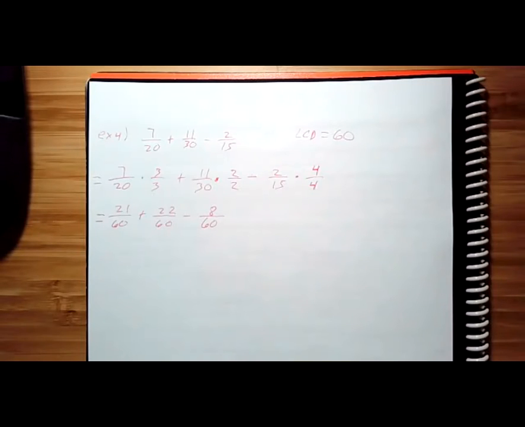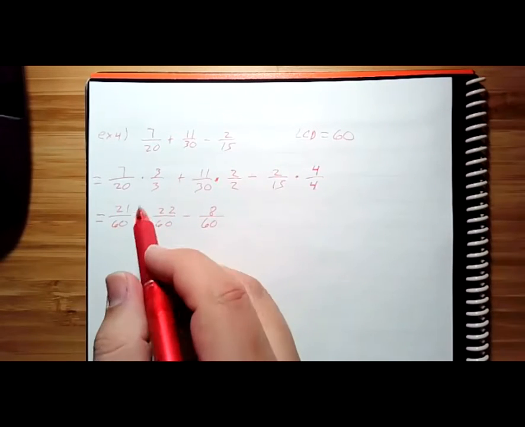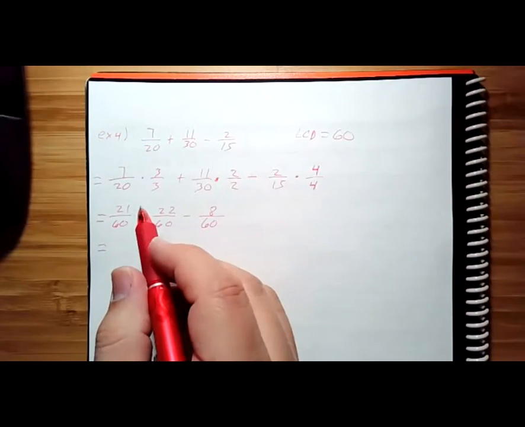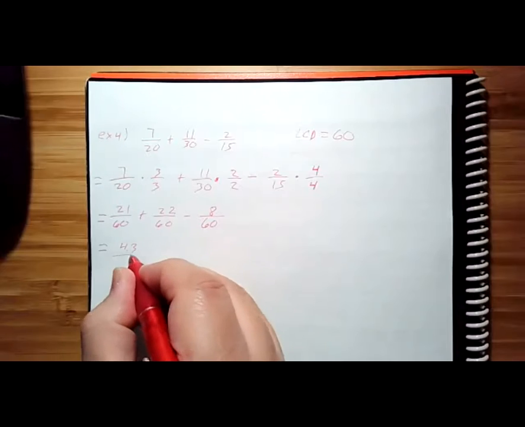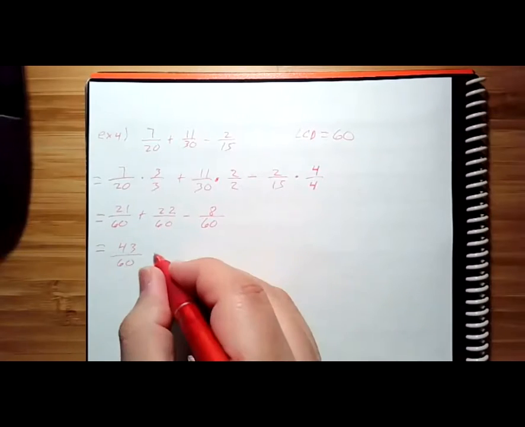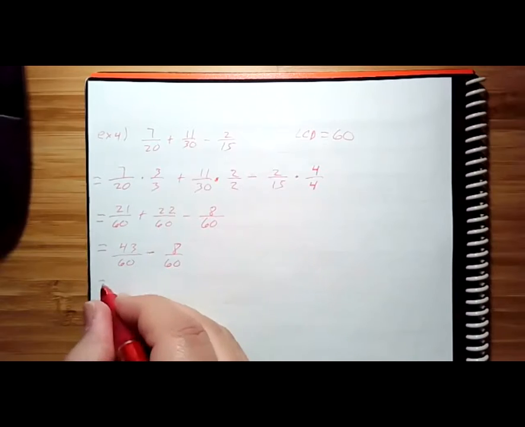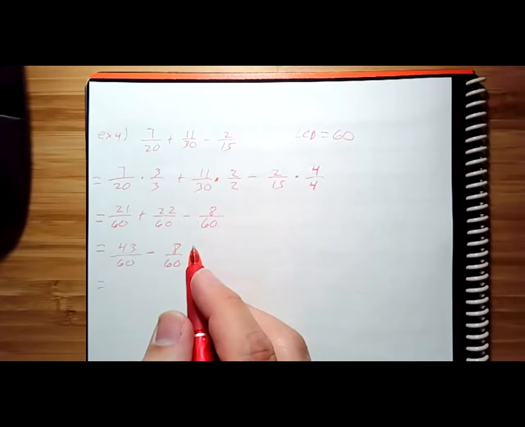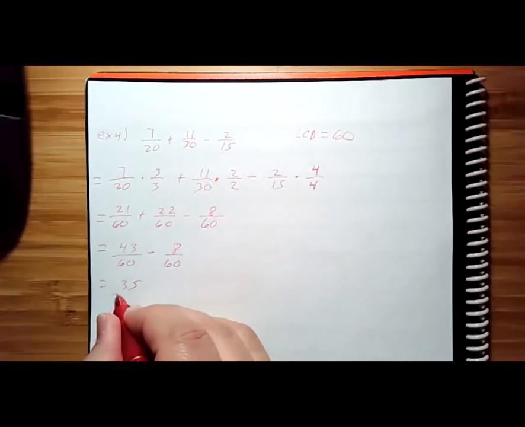So now they're all in the common denominator. So just combine the numerators. 21 plus 22. This time I'll just do it piece by piece. That will be 43, right? And that 8's still here. 43 minus 8, that will be 35, right?